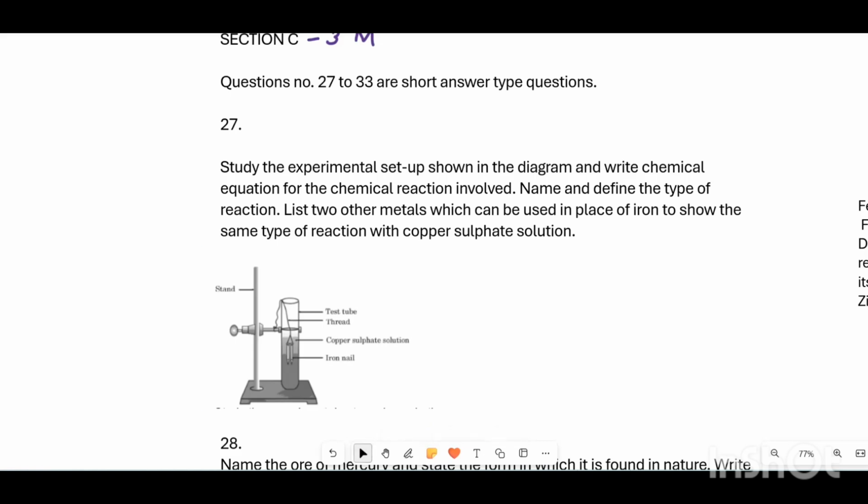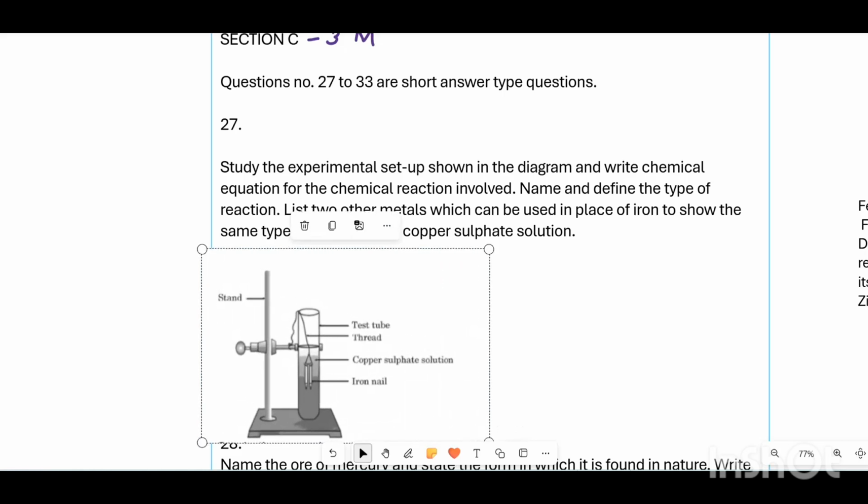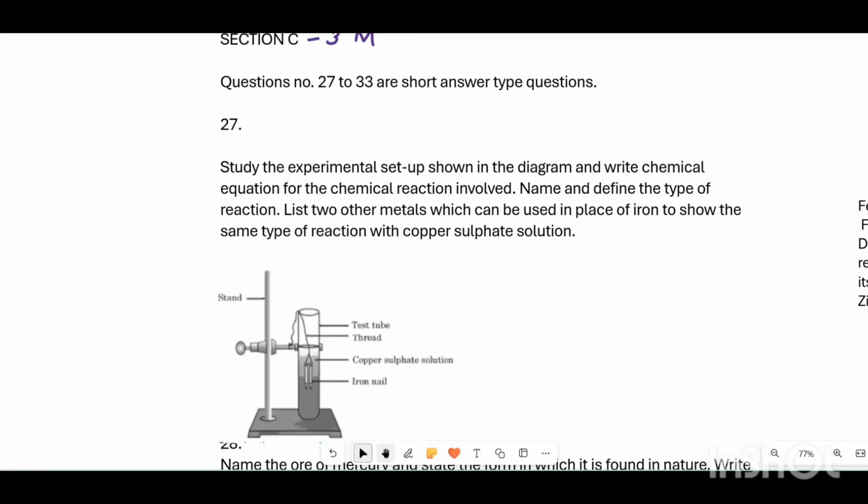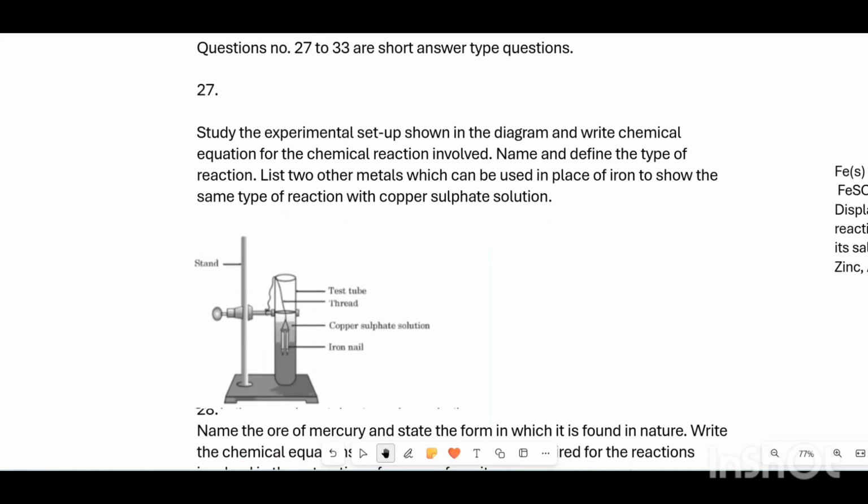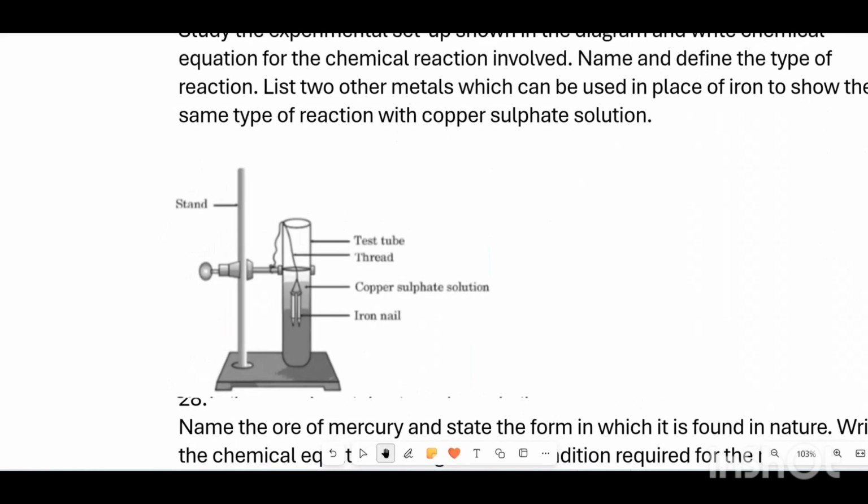So the first question, study the experimental setup shown in the diagram. So look at this question now. The experimental setup is actually a test tube and thread, and then copper sulfate solution is kept in the test tube and iron nail is placed. It is not placed, it is hanged, using a thread.